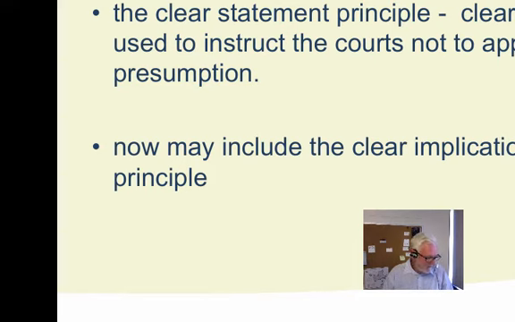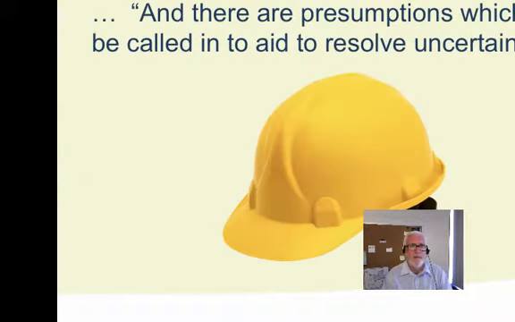But interestingly, in Coco, the court also said you can also displace them where there's a very clear implication that the statutory presumptions aren't to be used. So you can use either clear words or a very, very clear implication not to use these presumptions that we're about to have a look at.